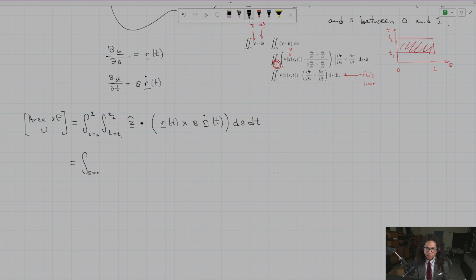So I'm going to get these two integrals, nothing changed there, t1 to t2 of s z hat dot L of t ds dt. Okay, now we're doing something. We're cooking with gas. So it turns out that this s only appears here. So this is just the integral of s from 0 to 1.